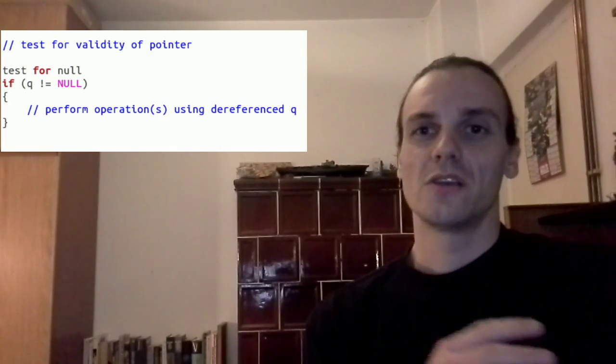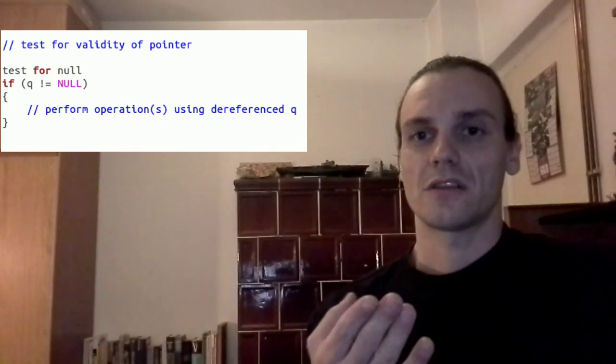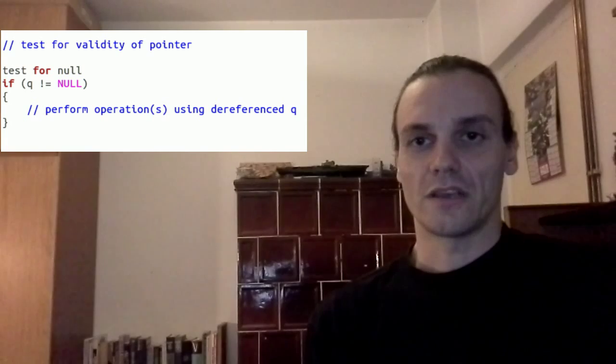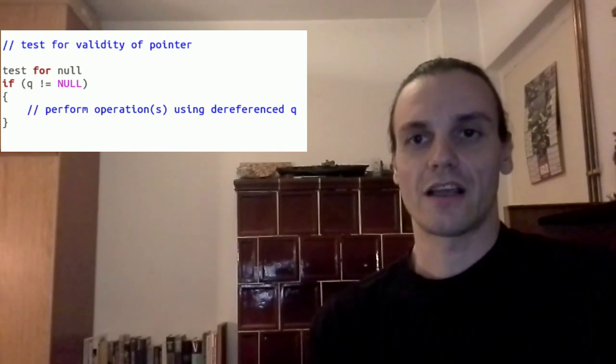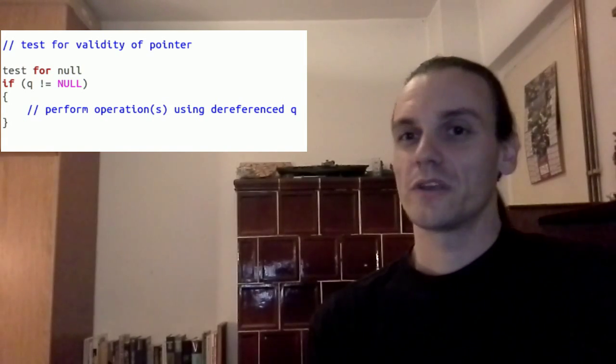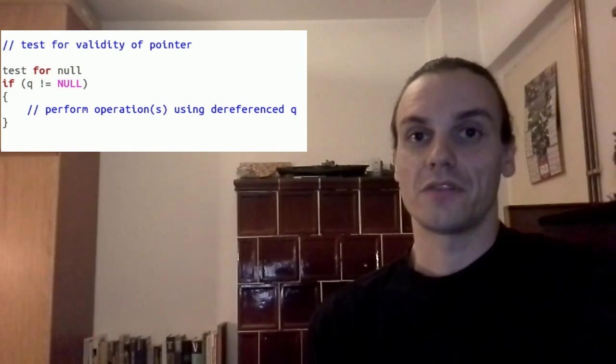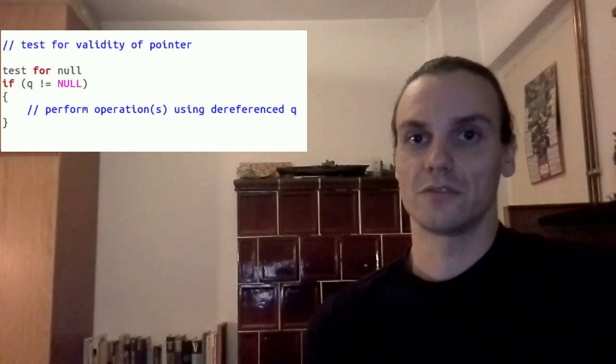So we can test whether our pointer is valid using syntax like this. As you can see in the if block, we're testing whether q has a value of null, and then we can dereference it if everything is okay. Otherwise, if it hasn't yet been assigned a valid memory address, we don't use it.